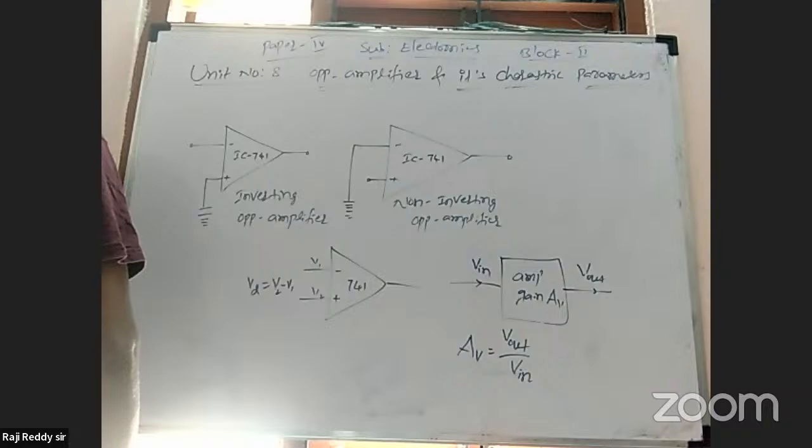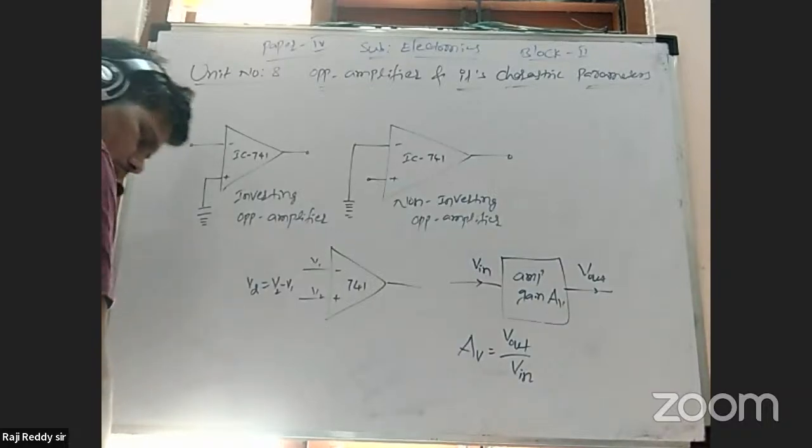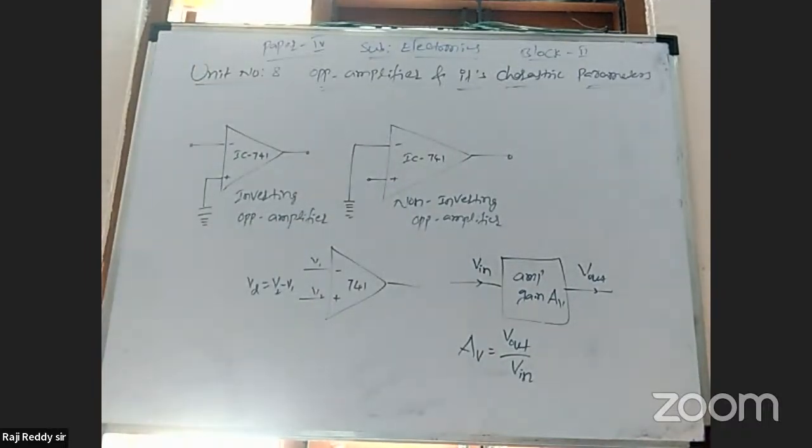If the output connection is given back to the input, nothing but feedback to the input, that is called a feedback operational amplifier.